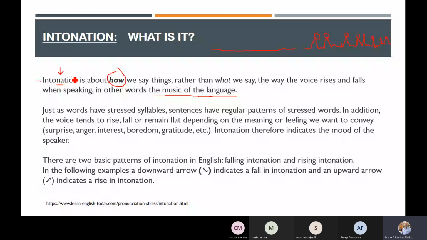At the sentence level, there are also elements that are more prominent. These are going to be the content words: nouns, verbs, adjectives, and adverbs. But depending on the context, the speaker might also choose to stress a function word. It all depends on the speaker's intention.